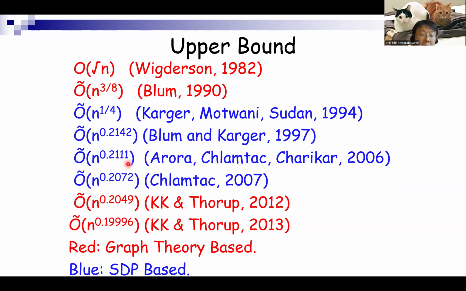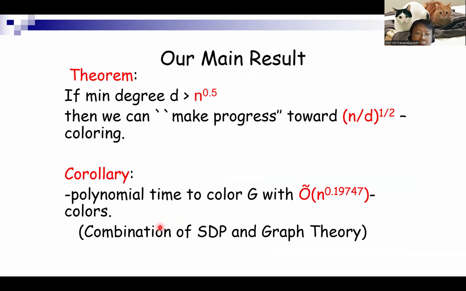This result is from a technique of a sparsest cut by Arora, Rao and Vazirani. So these four are based on SDP, and Mikkel and I proved something based on graph theory. And we actually pinned it down to n to the 0.19996, below n to the 0.2, 10 years ago.